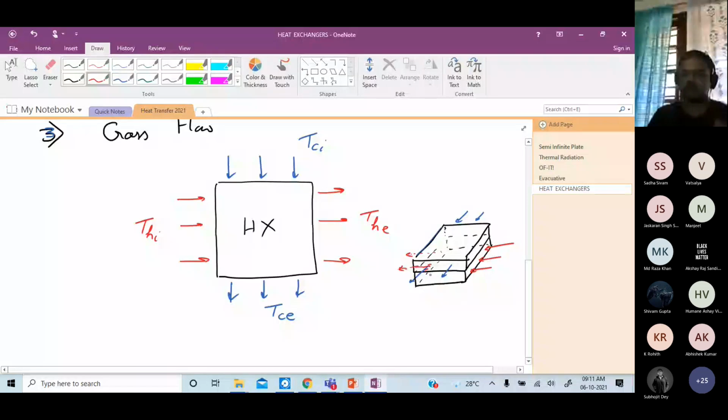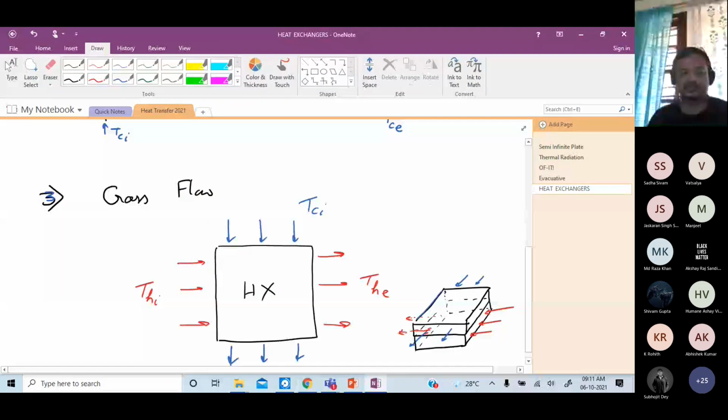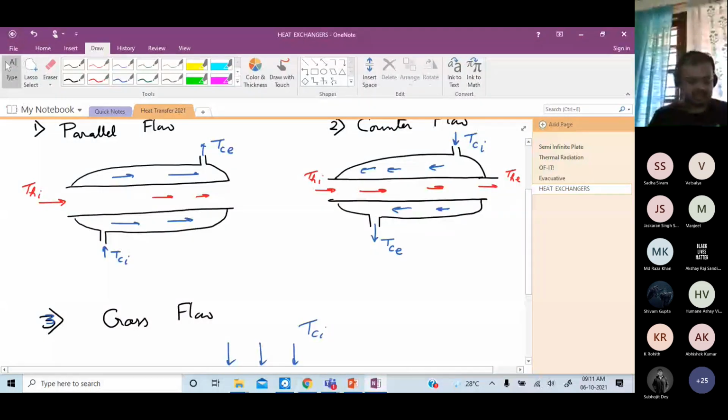So cold fluid at the top, hot fluid at the bottom, cross connect or physical cross configuration. Any questions on these? Because these are important ones. I mean, these are easy to understand definitely, but these have very significant implications on what we are going to talk about after this.